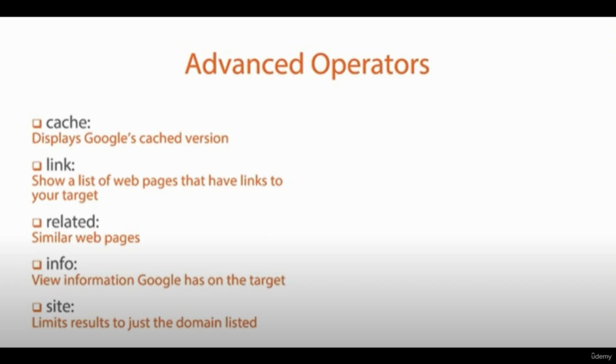Now have a look at advanced operators. Cache displays Google's cached version. Link shows a list of web pages that have links to your target. Related shows similar web pages. Info views information Google has on the target site.